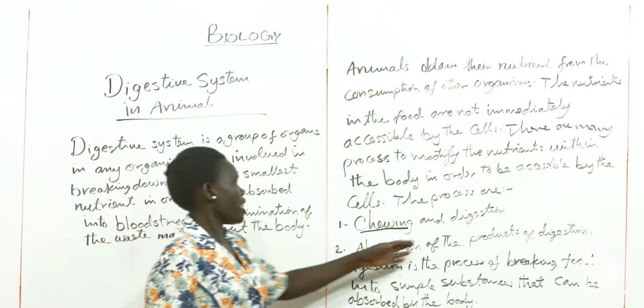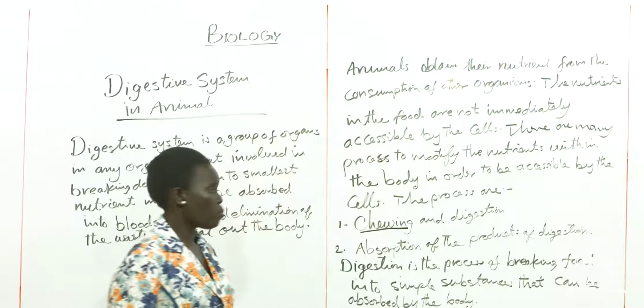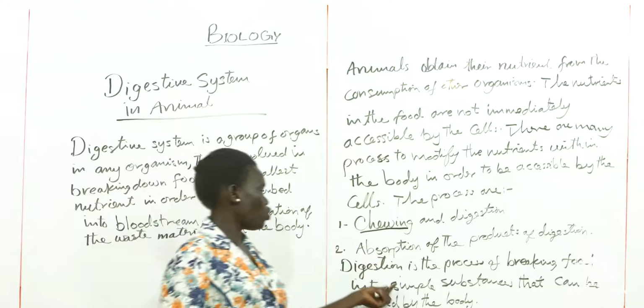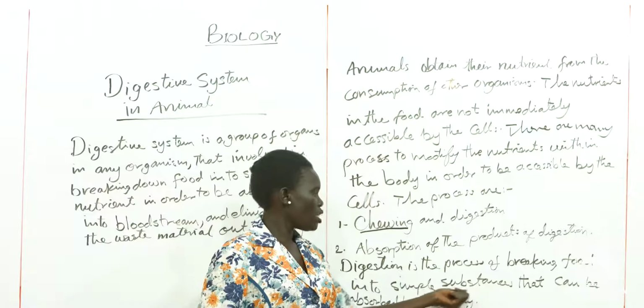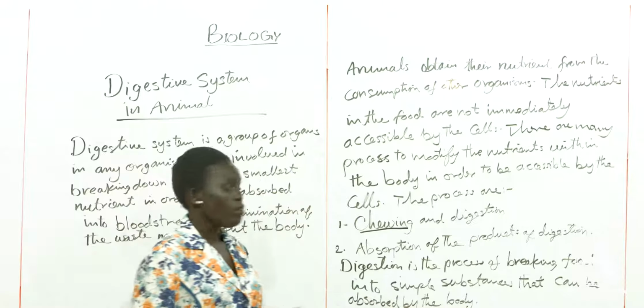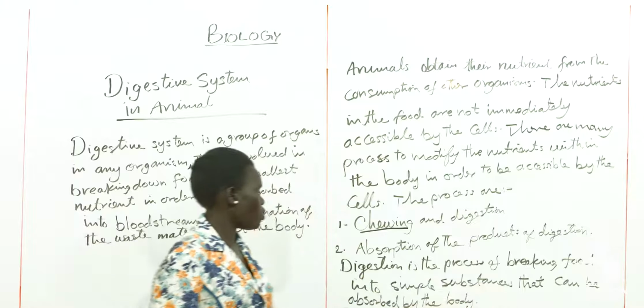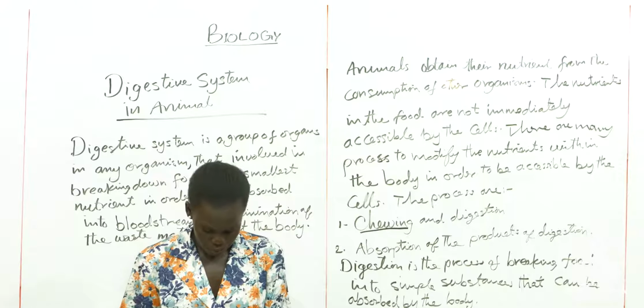So chewing and digestion, these are all what? Process by which we break the food into its simple substance or into the smallest substance that can be absorbed by the body.